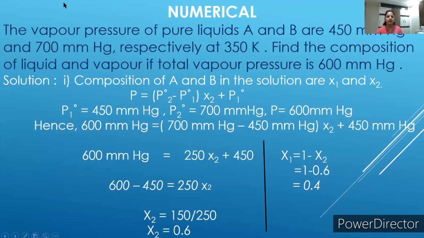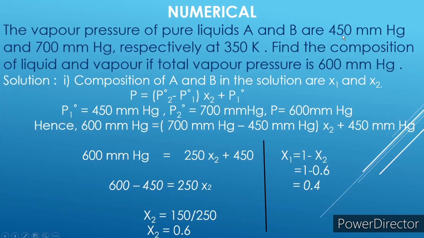Now, in this case, the vapor pressures of the pure liquids A and B are 450 millimeter Hg and 700 millimeter Hg respectively at 350 Kelvin, and you have to find the composition of liquid and vapor if the total vapor pressure is 600 millimeter Hg. So what is given?